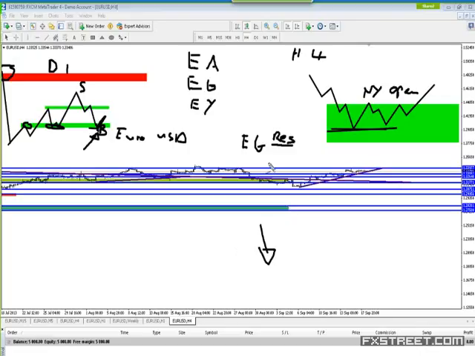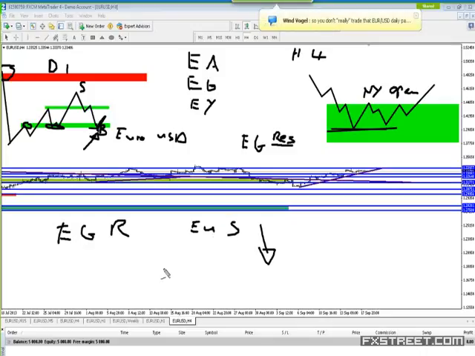So actually in a scenario like this, if Euro Pound is at daily resistance and Euro Dollar is at support, chances are, yes, the Euro Dollar is probably going to bounce, but the Euro Pound is likely to come down.